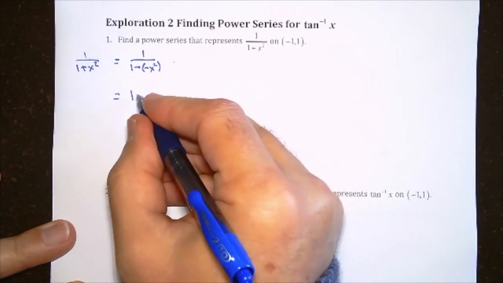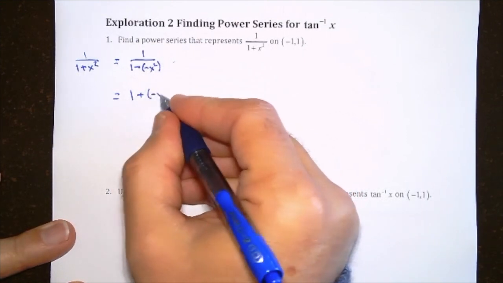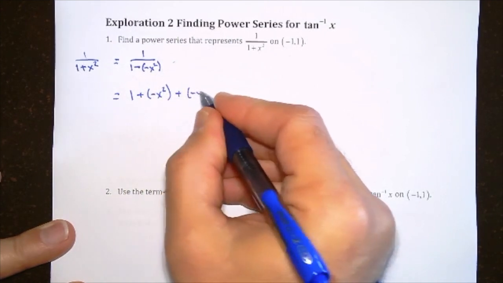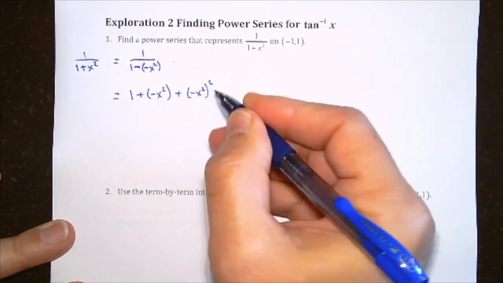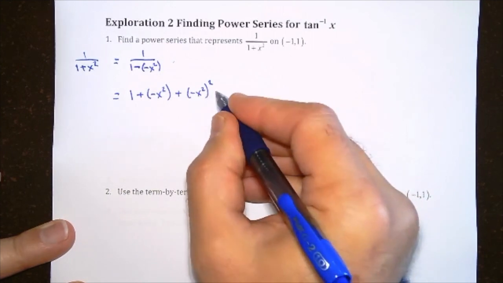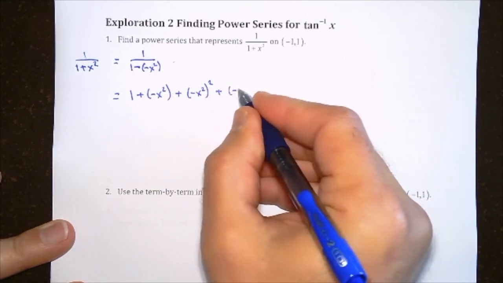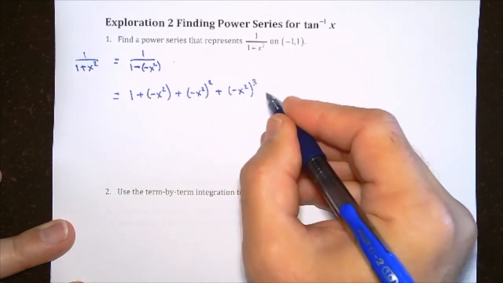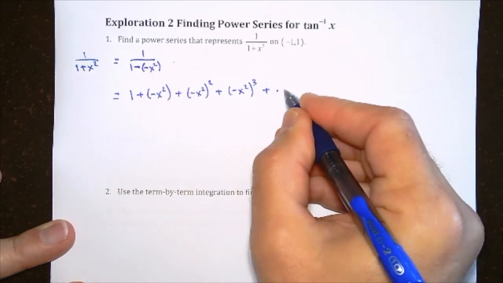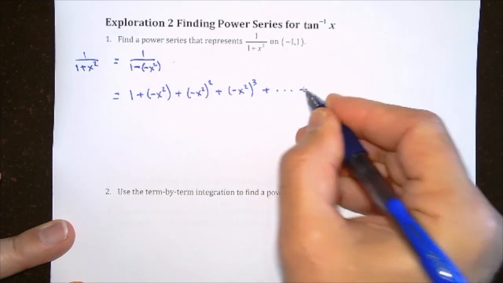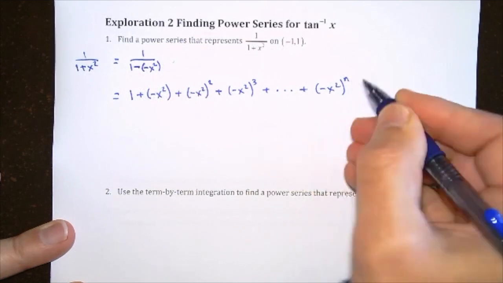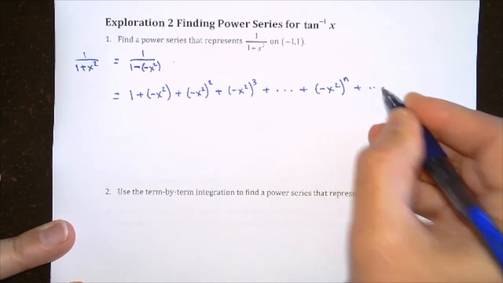So plus a negative x squared, and then plus a negative x squared squared, and then plus negative x squared cubed, and then plus dot dot dot, plus negative x squared raised to the n power plus dot dot dot.